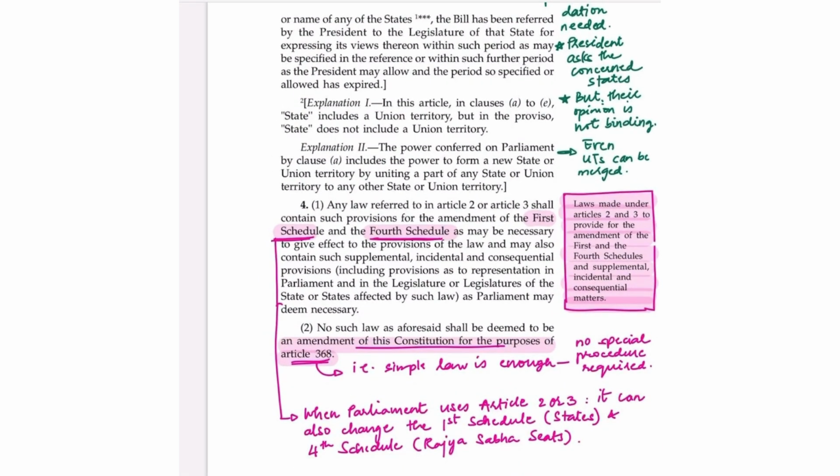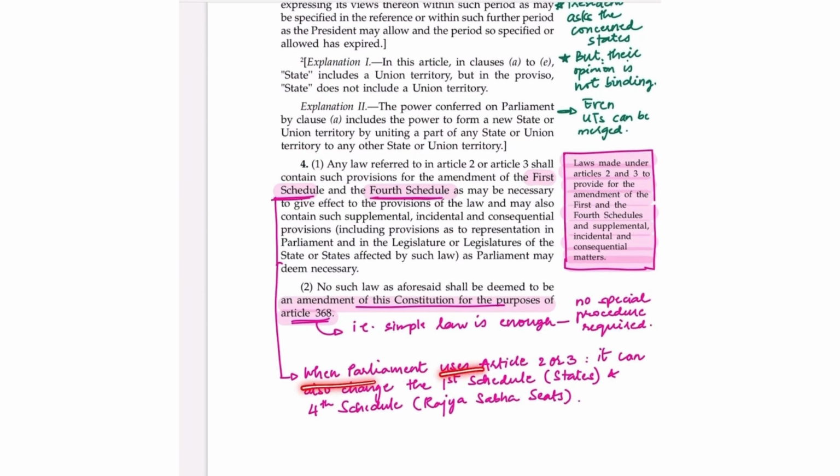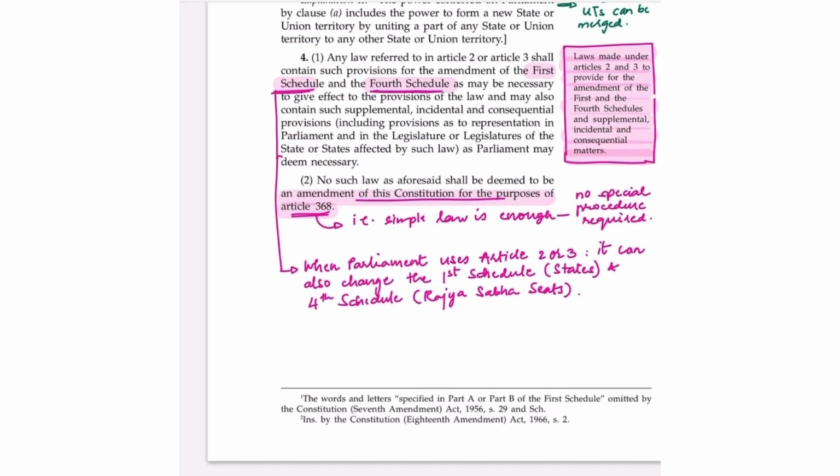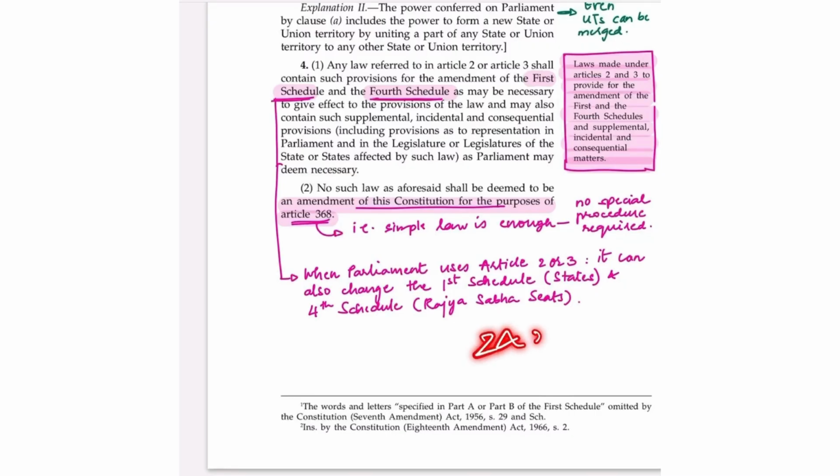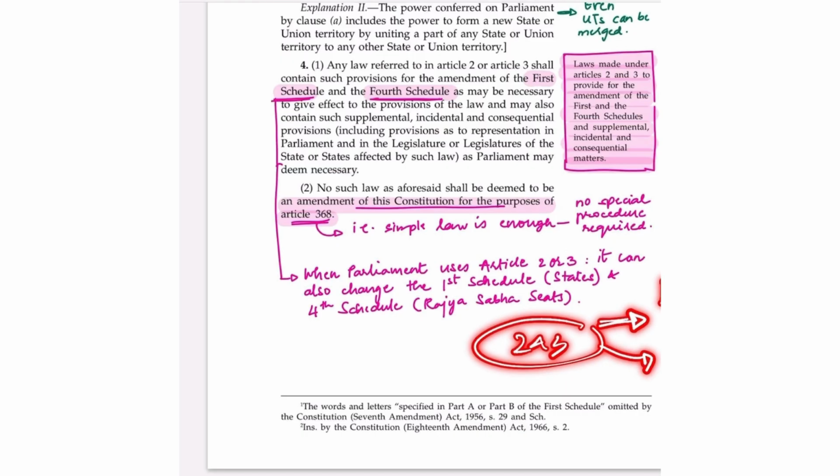Now article 4 says that when Parliament uses article 2 or 3, it can also change the first schedule, that is the states and union territories, and the fourth schedule, which talks about the Rajya Sabha seats. Because any change in the states and the names or anything which has to do with the states shall automatically have an effect on schedule 1 and schedule 4, right?